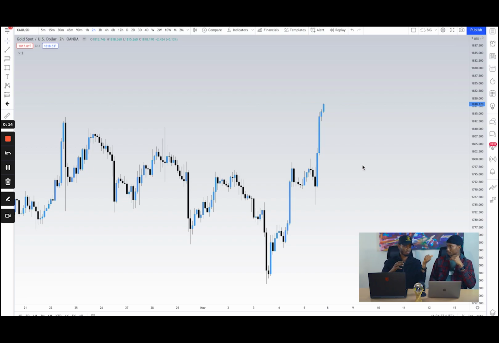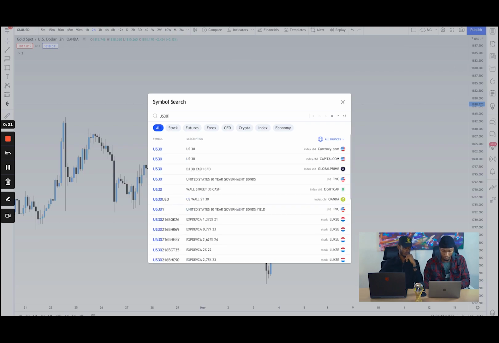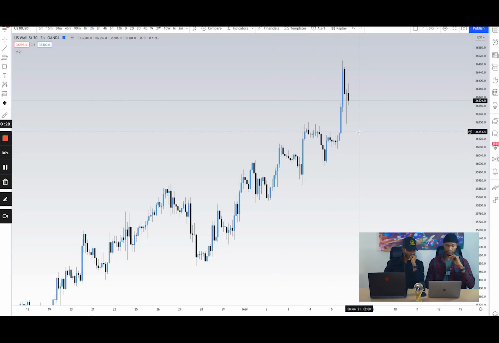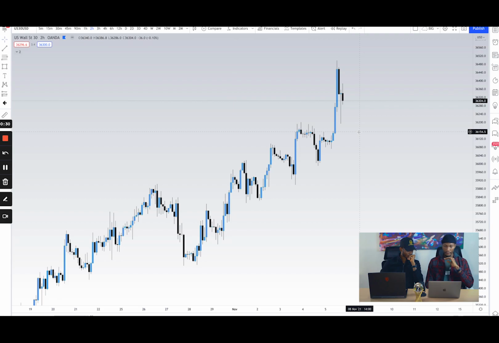So we're starting off with US 30. Let's go over to the US 30. Now we're looking at the bull.